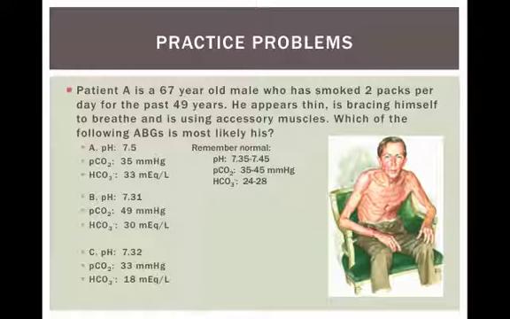This is higher than normal, and would you expect a patient with a high PCO2 to be acidotic? You would. So I think option B is a good option. He is definitely in respiratory acidosis, and if we look at his bicarb, he is partially compensated, which makes sense because emphysema is a long-term chronic problem.